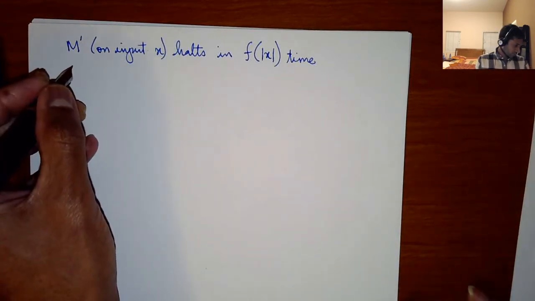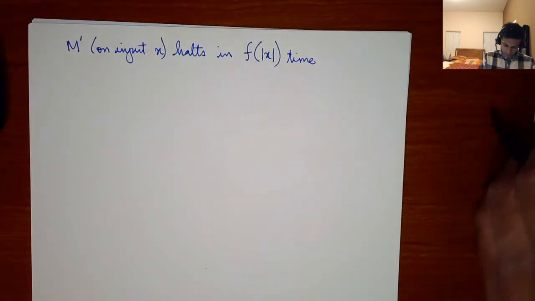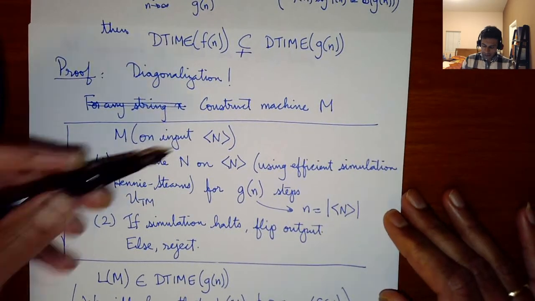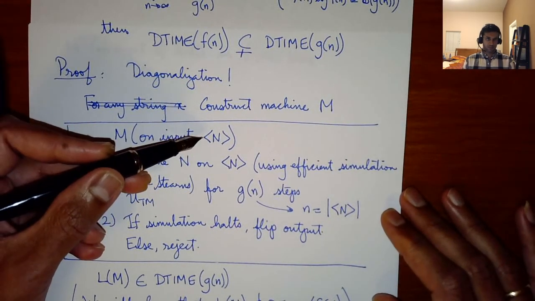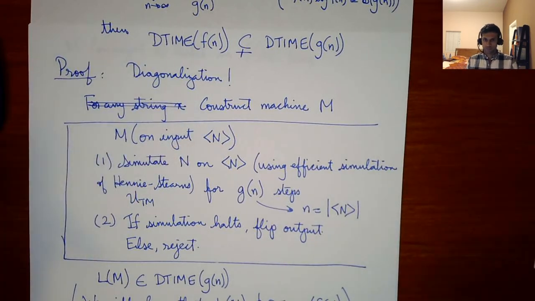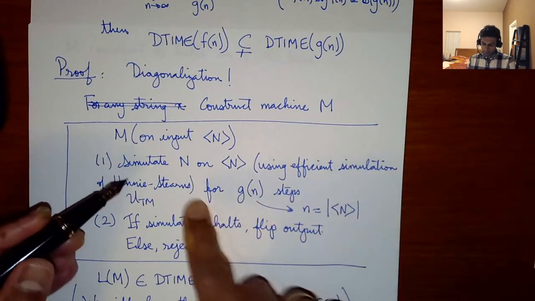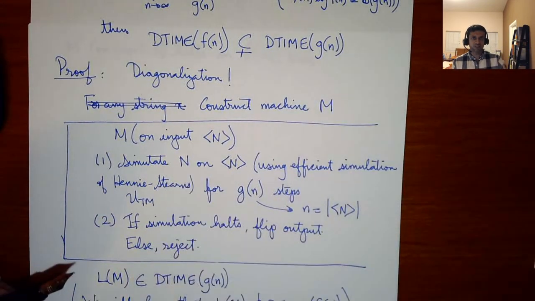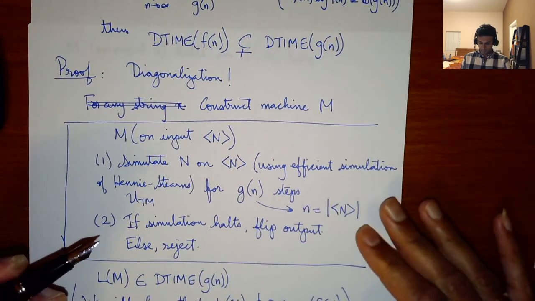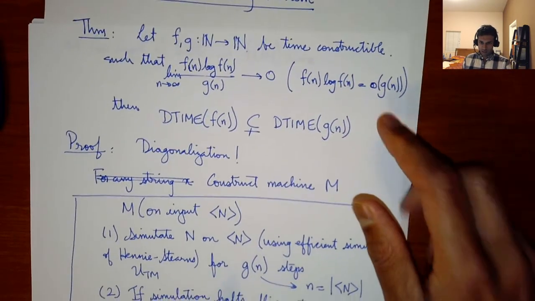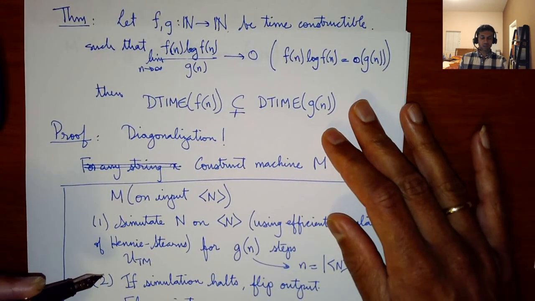Now, what we're going to do is feed M prime to this machine and try to get a contradiction. What we're going to say is that because M prime runs in f of n time, and f of n log n is much smaller than g of n, the simulation will always halt.